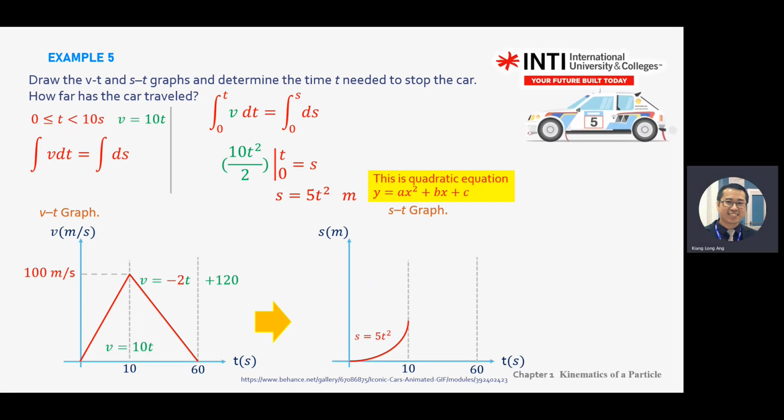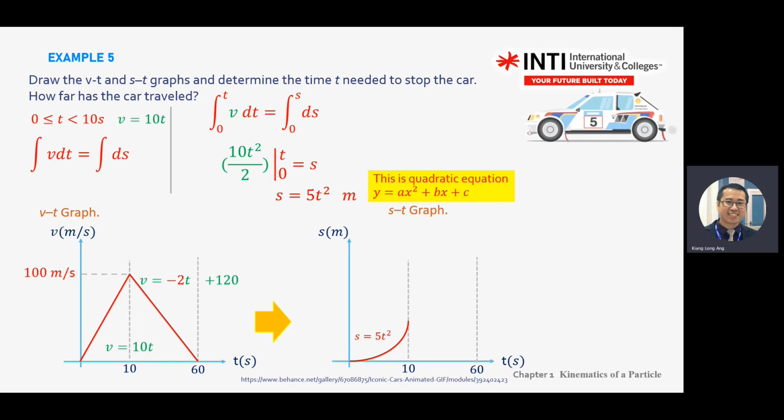So this one is s equal to 5t squared. You can find the value for this point, right? At 10 seconds, what is the value for s? Substitute t with 10.